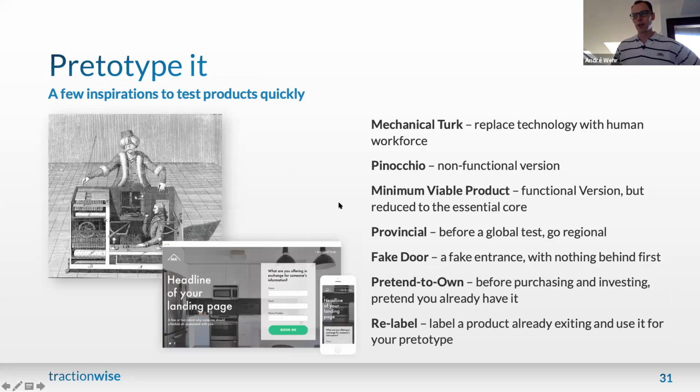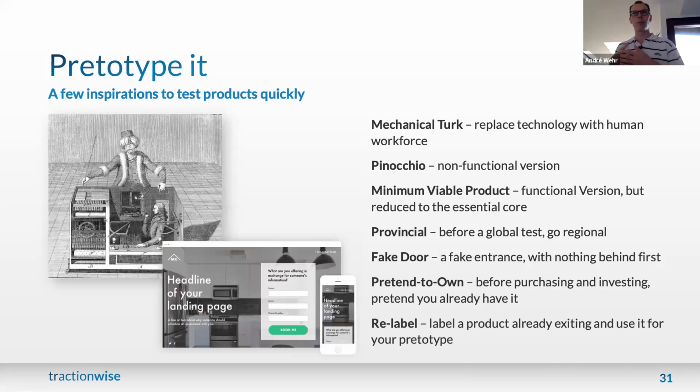There are other pretotypes that you could consider. For example, the provincial, so you don't have to start with the whole world. You can start with a small regional amount. You can also check the fake door, which is pretty comparable to a minimum viable product, but there is nothing behind it. So you have a good looking entrance, but at first there's nothing behind it.